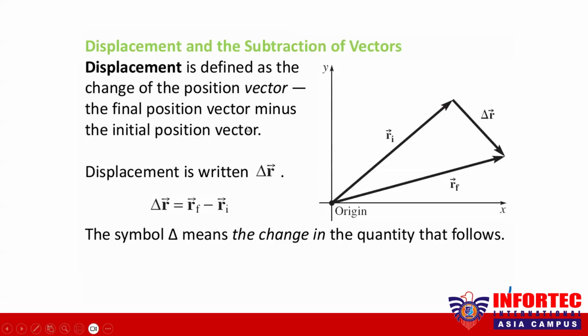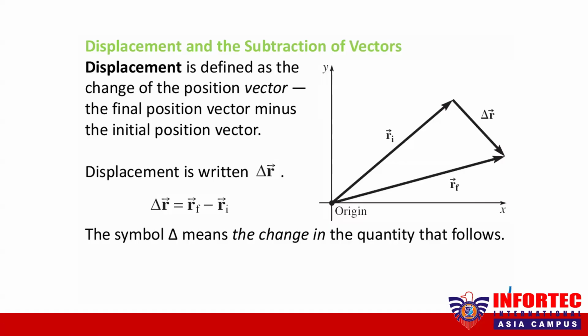Then displacement. What is displacement? Displacement is defined as the change of the position vector. You can see in this diagram, we take the reference point as the origin, and the initial position vector is represented by ri. The vector ri has an arrow on top. Then the final position vector is rf.